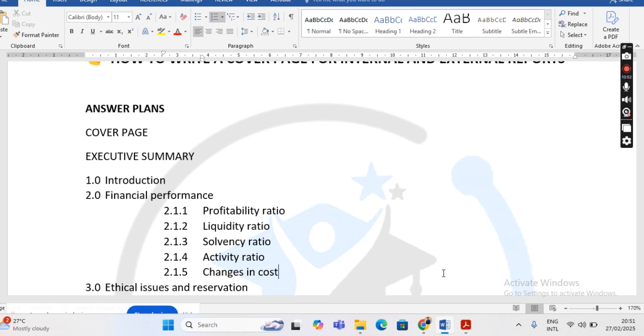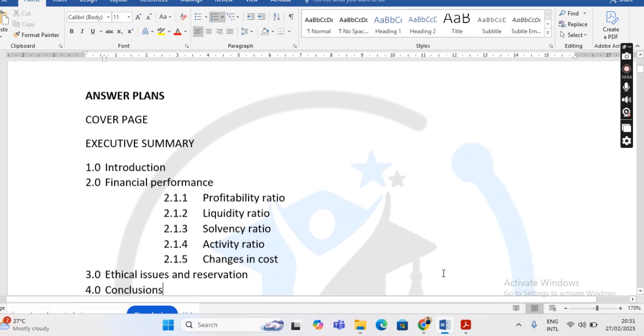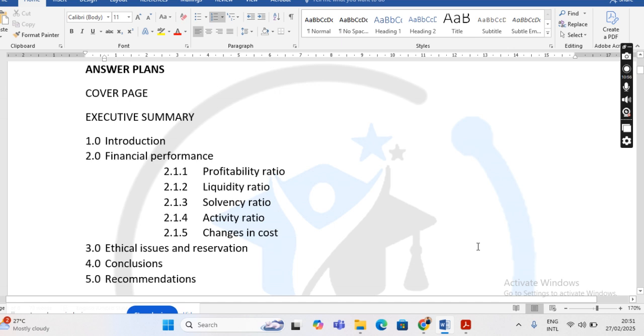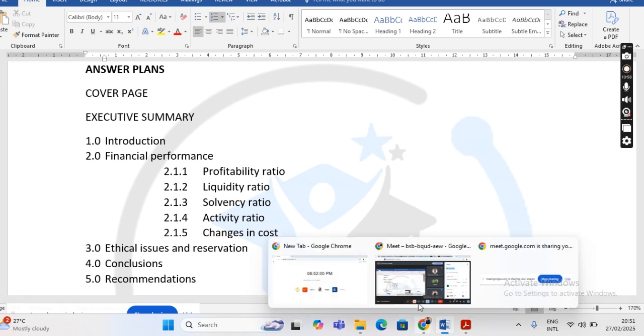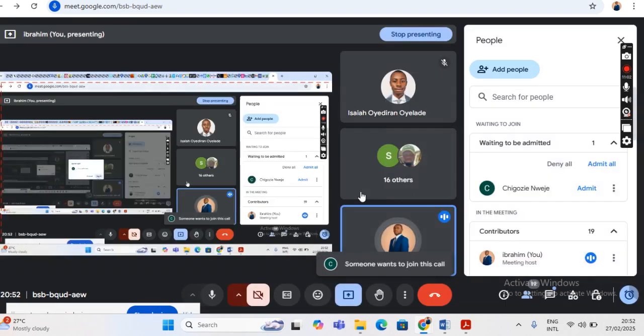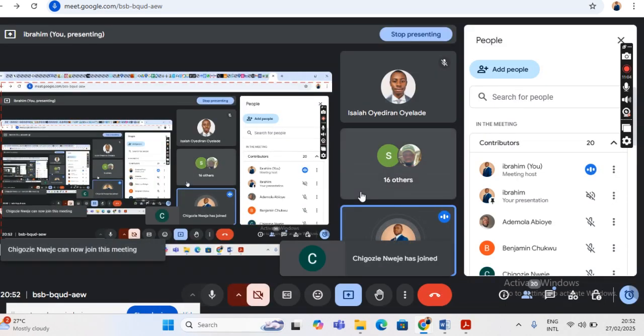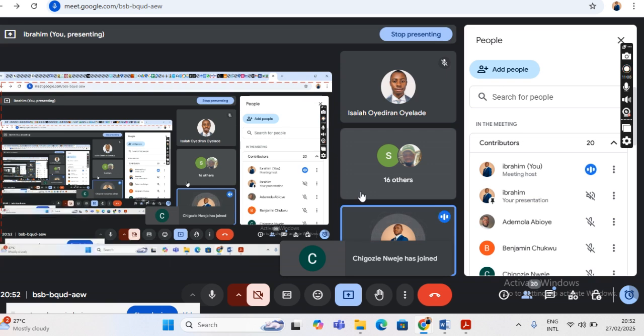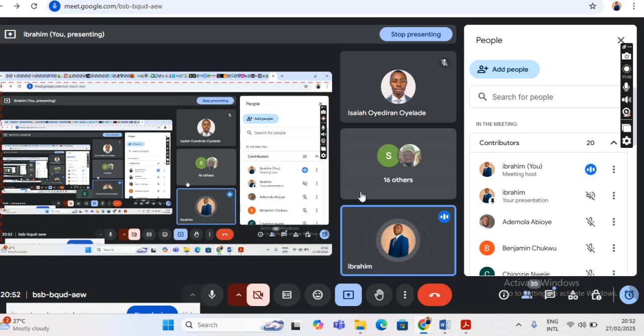Now, after that, what are the ethical issues and reservations? Class, what are ethical issues? I said that ethical issues are what the organization is doing that is not in line with the law, right? It could be an accounting standard. It could be the law of the land, which is karma, right?